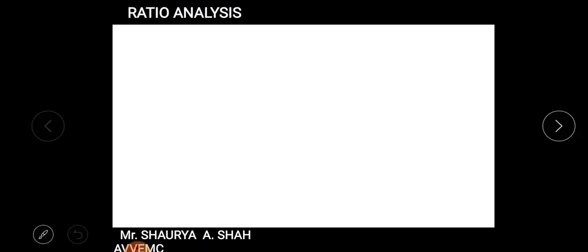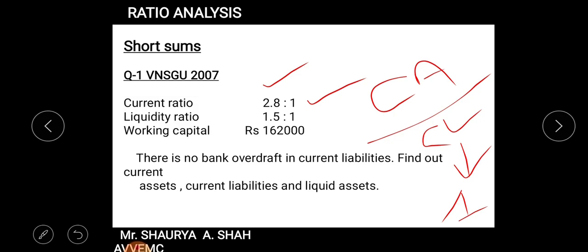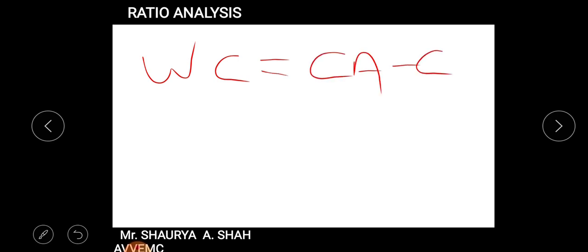Please note down whatever I am saying. So working capital is equal to current assets minus current liability.